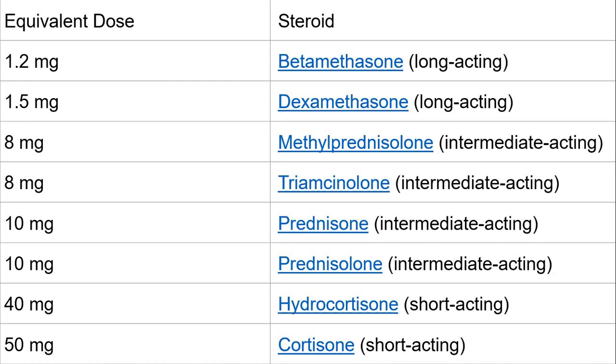So betamethasone is usually available in 0.5 milligram tablets. Two tablets are equal to 10 milligrams of prednisolone, that is, 2 tablets of Deltacortril 5 mg.